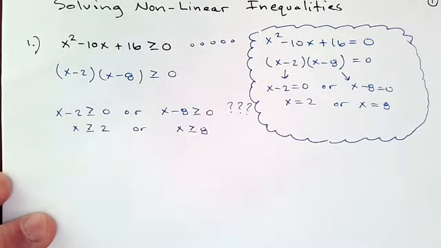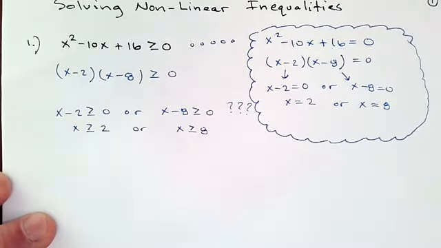If you solve the problem this way, wouldn't you agree it would seem like something less than 2 should not be part of our answer? If we solve it this way, it does not look like something smaller than 2 is going to be part of our answer. But what's the ultimate test? Let's pick a number less than 2. What about x equals 0?